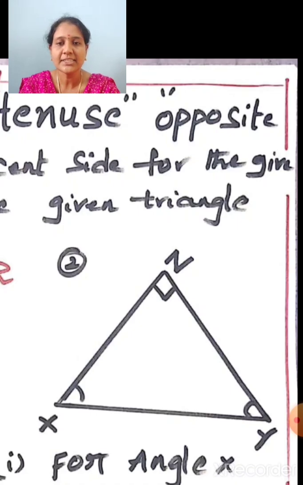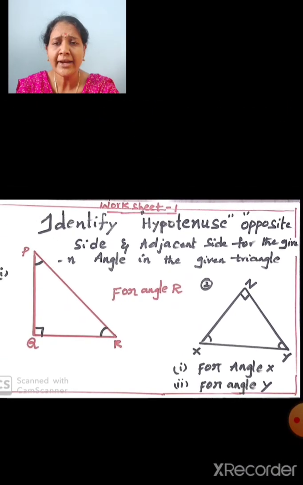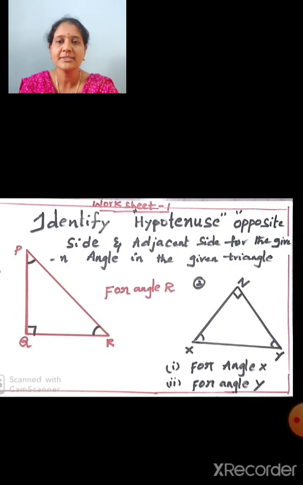Which is the adjacent side? XY. When we take Y as the angle, the opposite side is XZ and the adjacent side is XY. But there is no change in the hypotenuse. So this is the identification of the hypotenuse, opposite side and adjacent side.